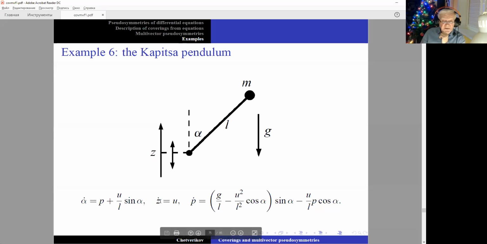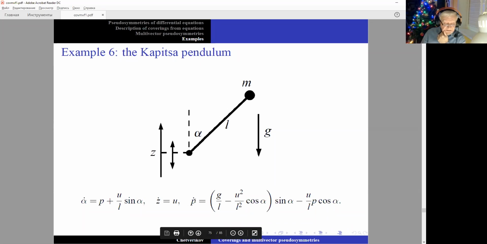Here, z is the vertical coordinate of the suspension point. U is its vertical velocity.